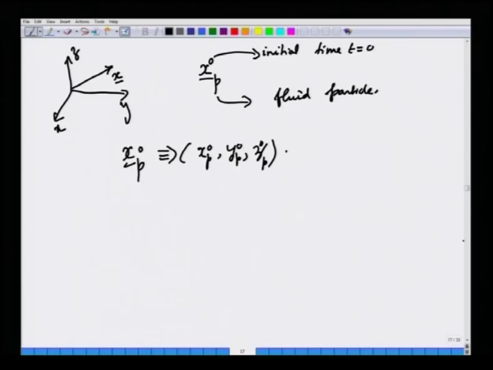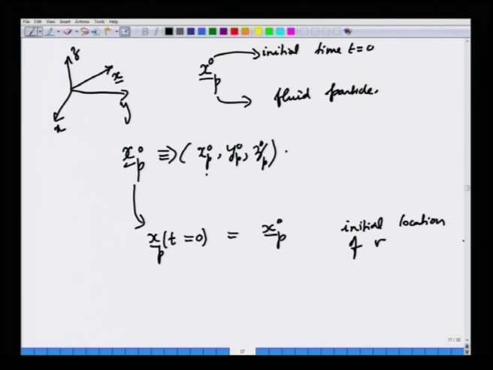So, this is nothing but the position of the particle at time t equal to 0, which is x p 0. This is the initial location of various fluid particles.